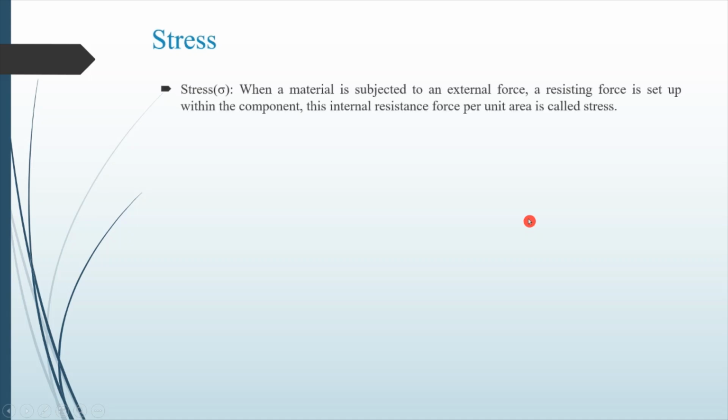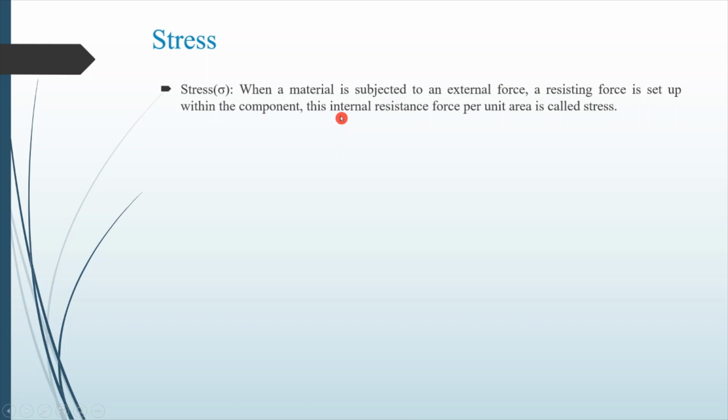Now we'll see the concept of stress. The definition of stress can be written as: when a material is subjected to an axial force, a resisting force is set up inside the component, and such internal resistance is called stress.